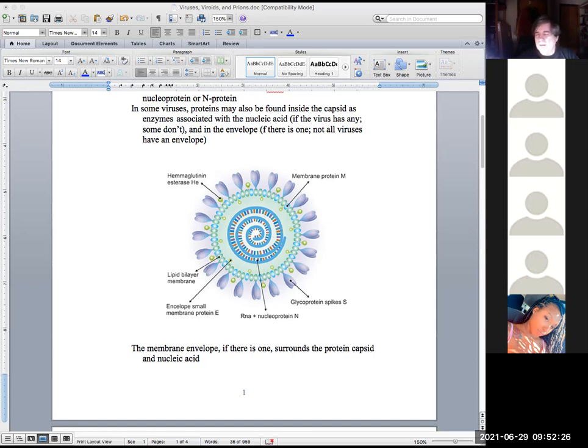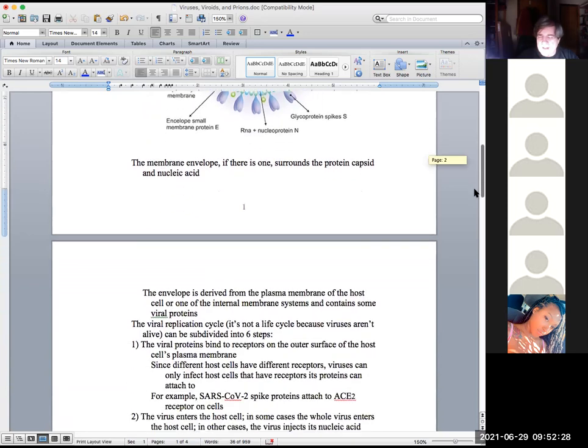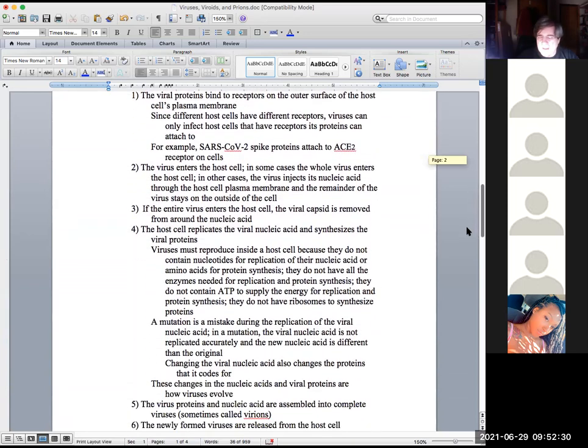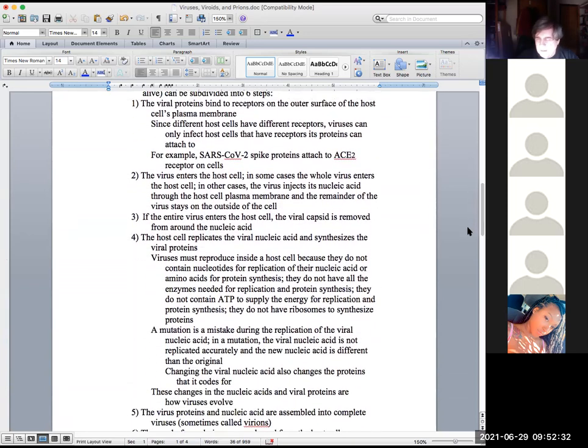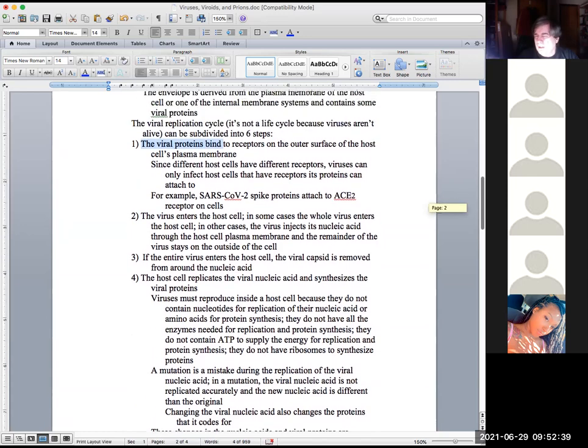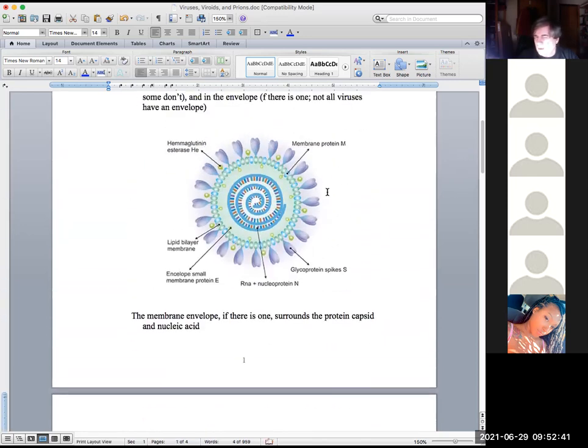So let's think about how a virus actually infects a cell, and let's look at the steps. And there's 6 main steps. Some of the viral proteins. So notice that would be the proteins in the outer layer, or if we had a virus that didn't have this outer layer, because remember, some viruses end with this blue line.